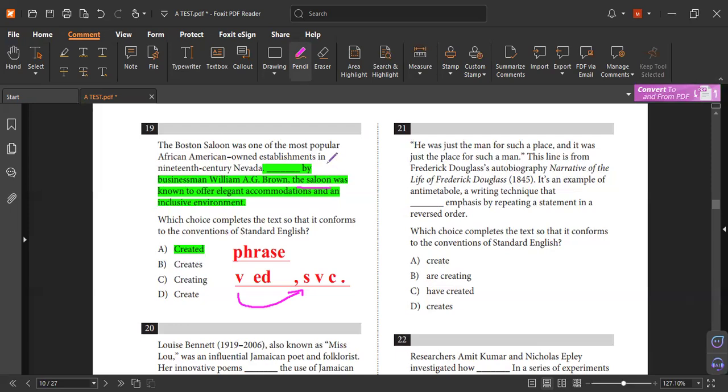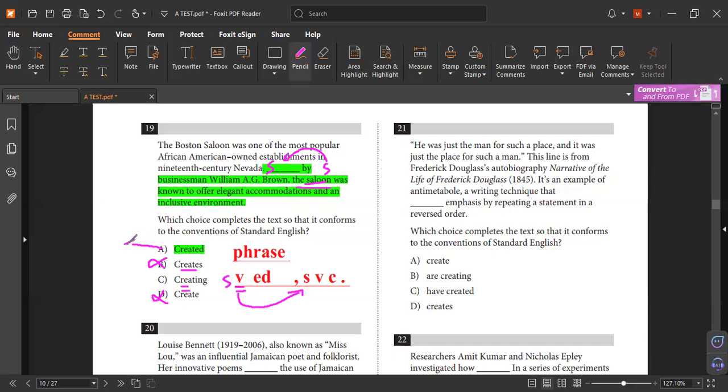All right. So we're talking about the subject. But what was created? The salon. Why not B? Because this is a verb. If we start with the verb, what is the subject? There is no subject here. So B is wrong. This is a verb phrase. Now here it's a present participle phrase.